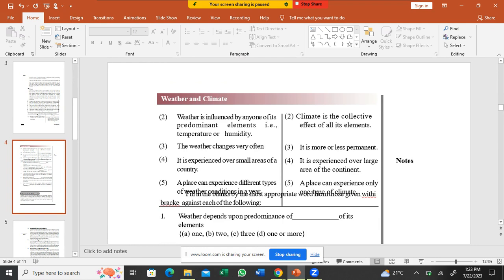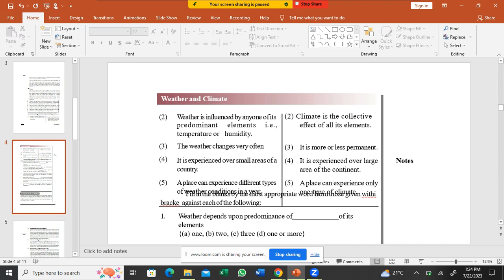Another difference is that weather is influenced by any one of its predominant elements, for example temperature or humidity. Climate is the collective effect of all elements in a place. Then another one is that weather changes very often. Like right now, it was sunny in the morning, and right now it is very calm, very fine.